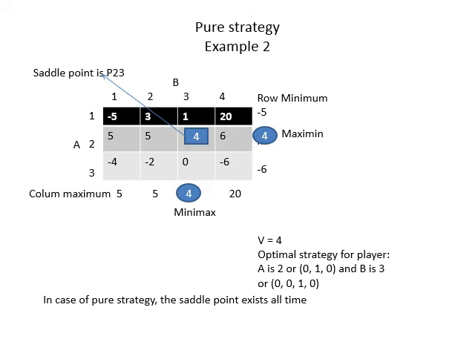We don't need this condition in the mixed strategy. Mixed strategy doesn't require this condition, but pure strategy requires a saddle point all the time. So this is a pure strategy. Example number 2, please.